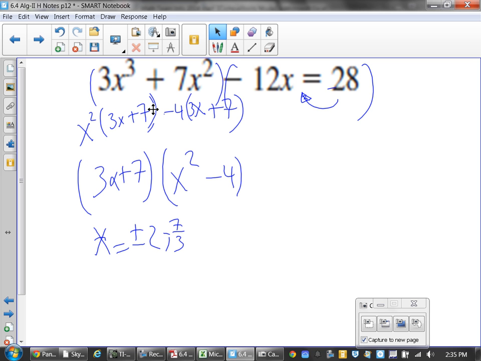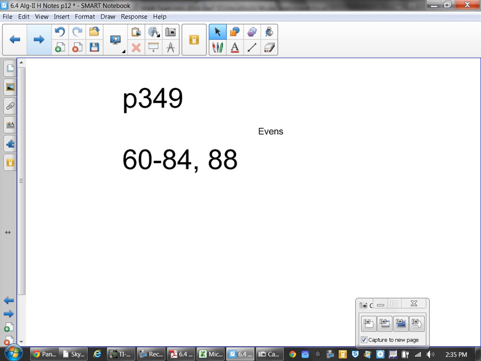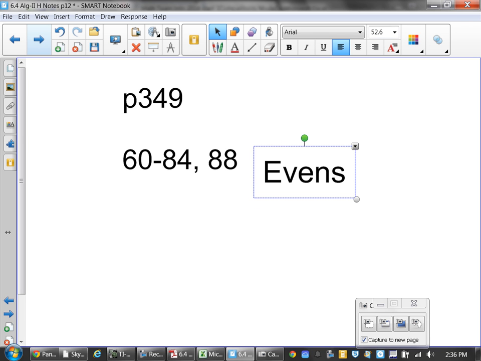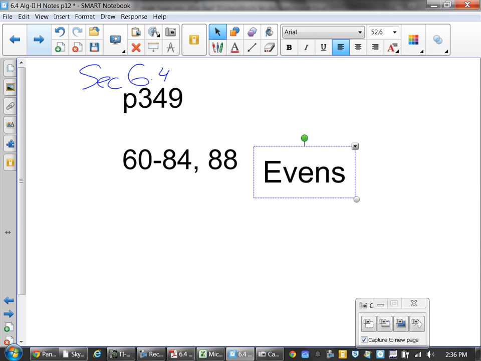It's tricky. It's tricky. Do those. Same section. Same page, same time.